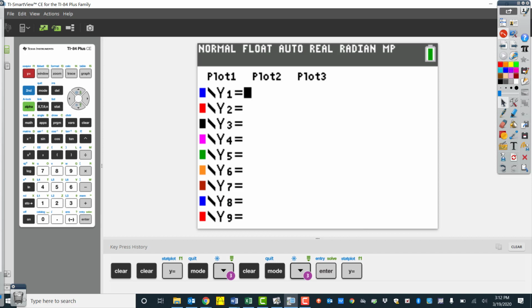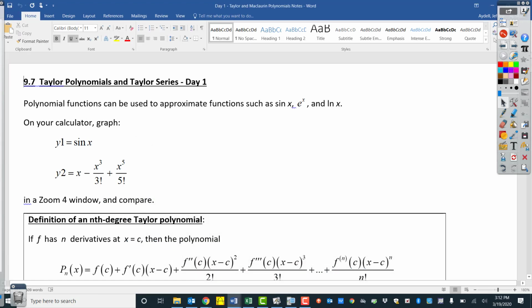All right, so we're going to compare sine of x to the graph of x minus x cubed over 3 factorial plus x to the 5th over 5 factorial.